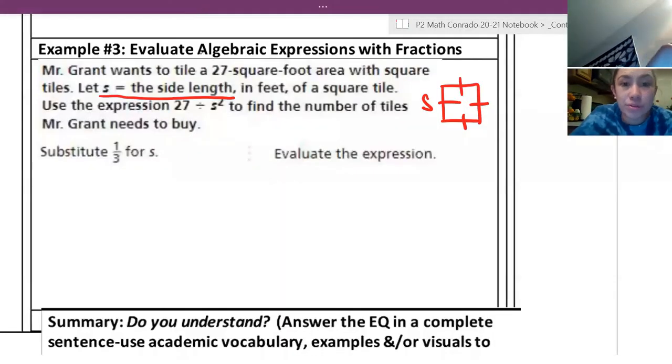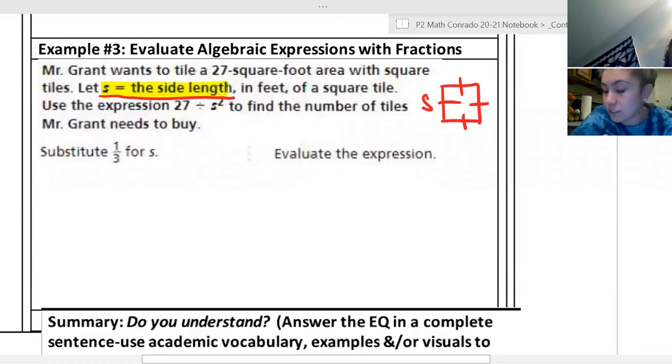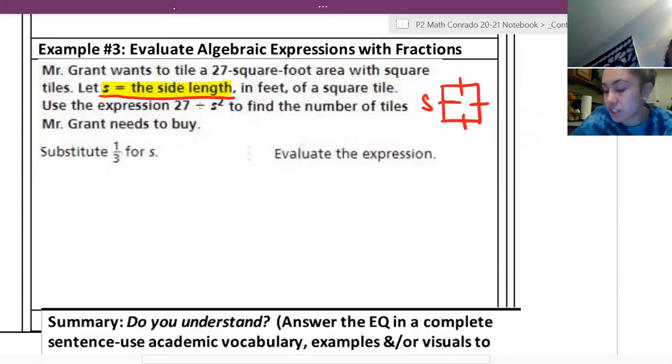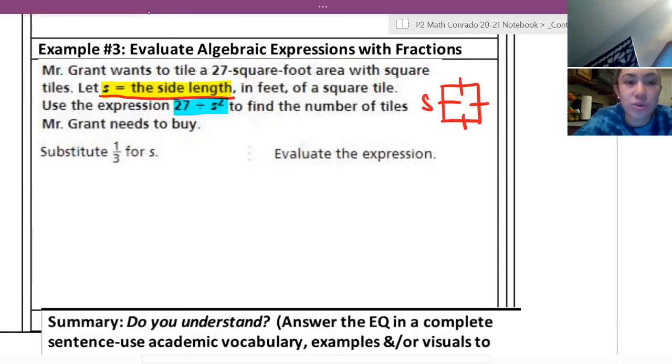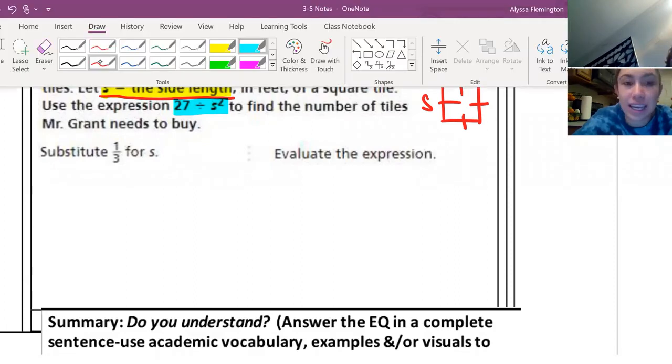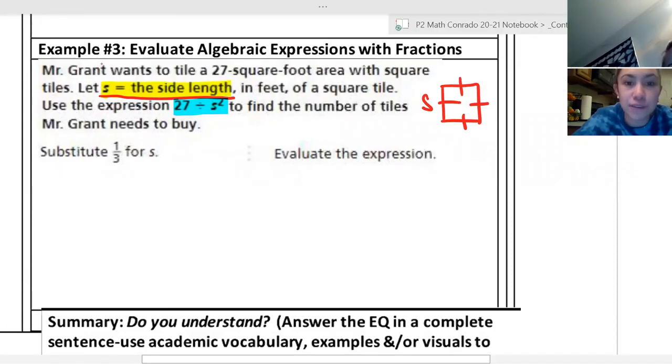In example number 3, we're going to evaluate algebraic expressions with fractions. Miss Grant wants to tile a 27 square foot area with square tiles. We have the variable s, which is going to represent the side length in feet of each square tile.